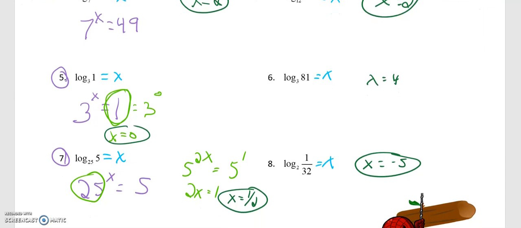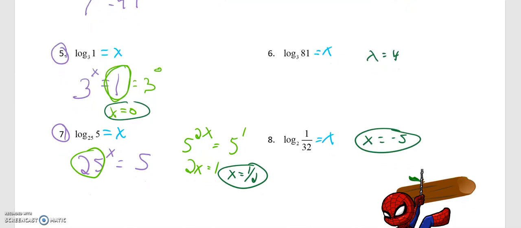8's the only other one that I imagine there could be some issues with if you're trying these at home by yourself. When you convert that, you're going to get 2 to the x power equals 1 over 32. Remember that 1 over 32 is on the bottom of a fraction, so not the answer itself will be negative, but the exponent will be negative.